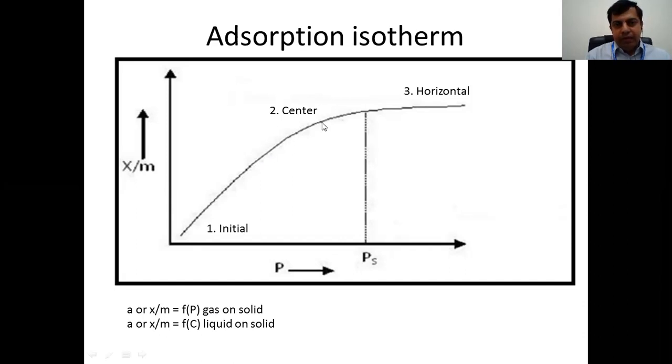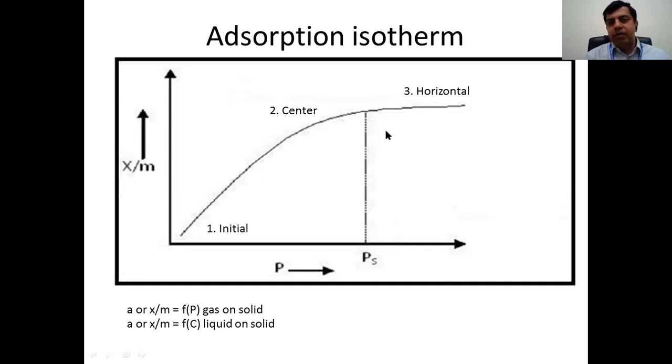That means now the increase is going to be lower as compared to the initial stage. Why is this happening? Because now some of the pores of the adsorbent are occupied by the adsorbate. That's why it is inclined, and then it becomes horizontal.